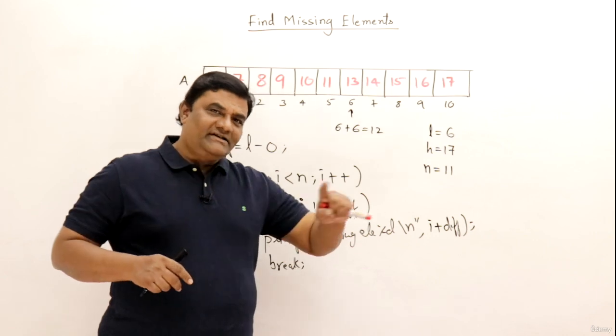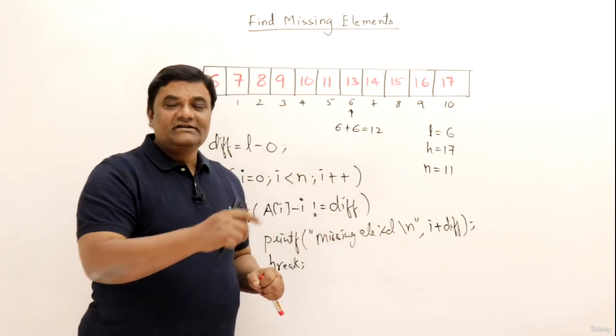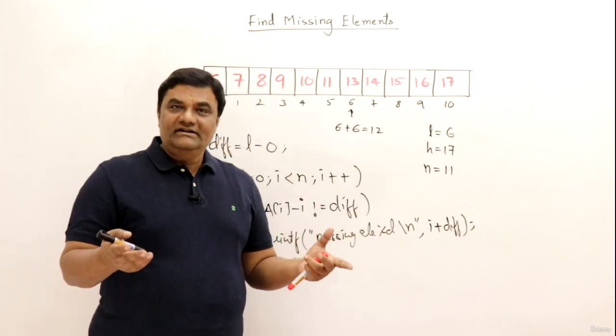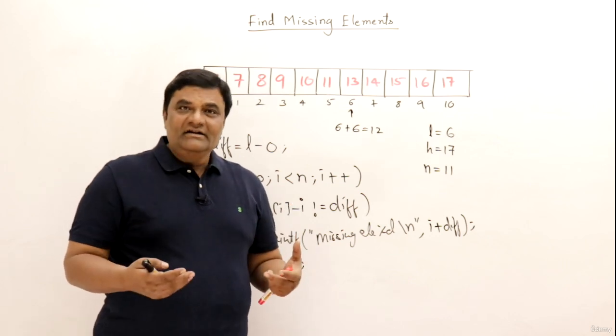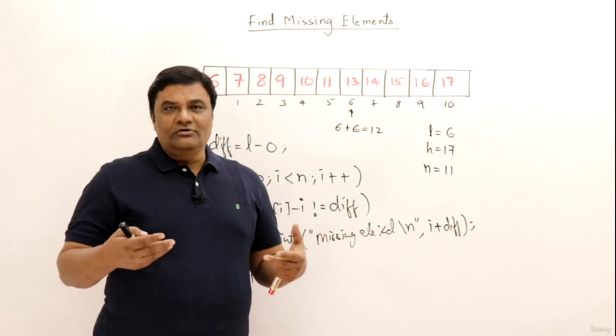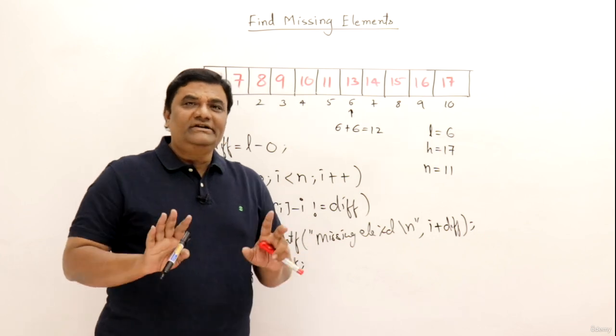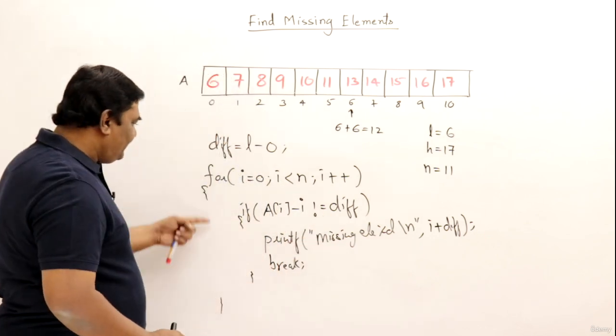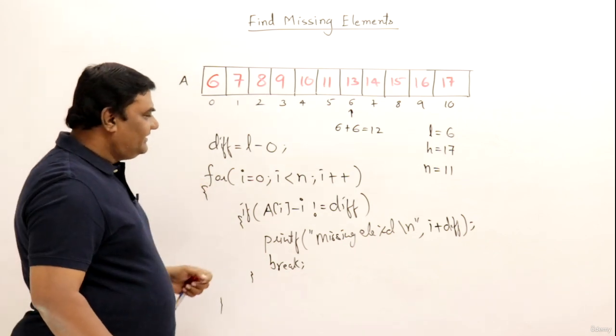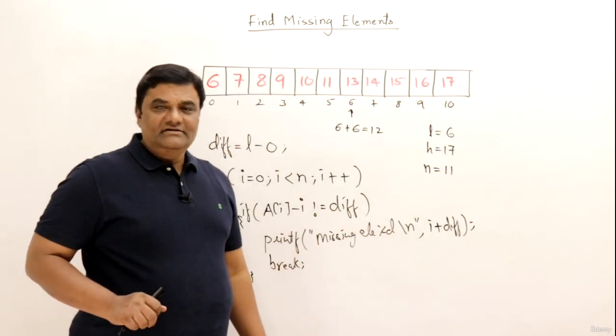How many times are we scanning through? Only once. So the time is order of n. Order of means degree. What is big O, theta, omega? That is all a different thing, so we don't need all those. So it's order of n. So the time taken for finding a missing element in an array is order of n.